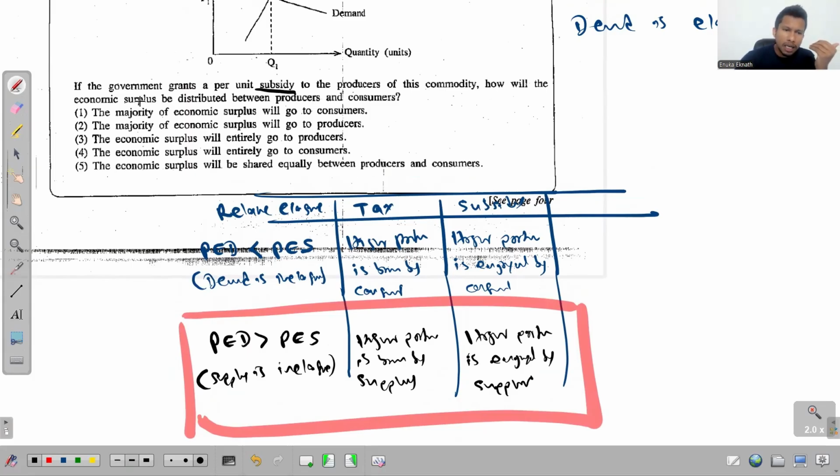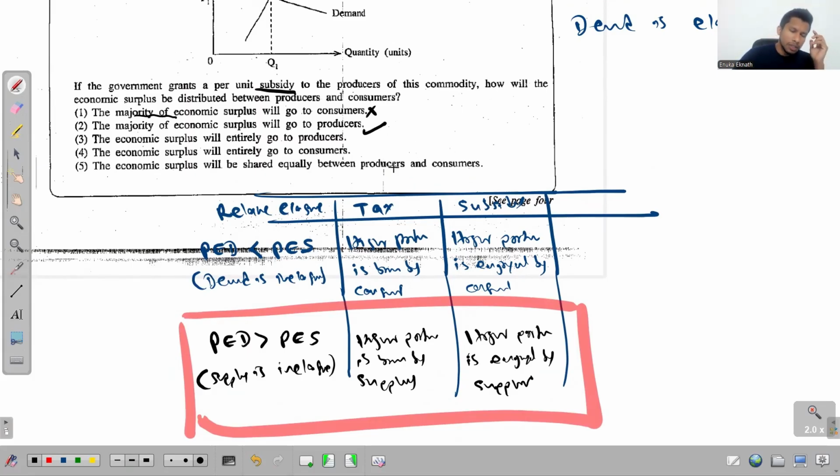The economic surplus will be distributed between producers and consumers. So a higher portion goes to the supplier and a lower portion goes to the consumer. The majority of the economic surplus will go to the consumer if the demand is inelastic. The majority of the economic surplus will go to producers if supply is inelastic.